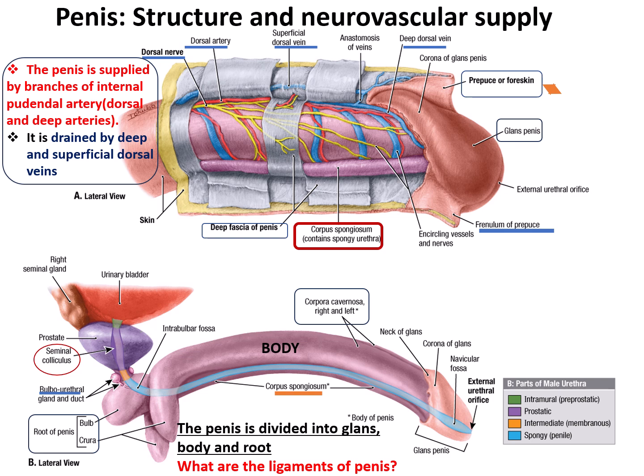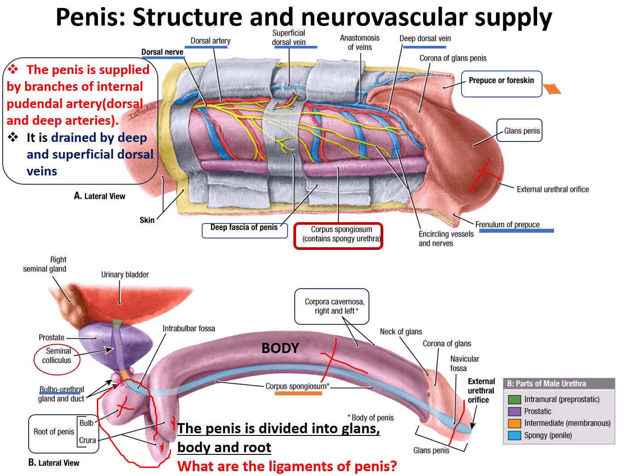Here is the structure of the penis. It's formed from glans here, body, and posterior part under the pubic bone. We call it the root of the penis. The root of the penis is formed of two crura here, right and left, just under the pubic arch, and the bulb here.